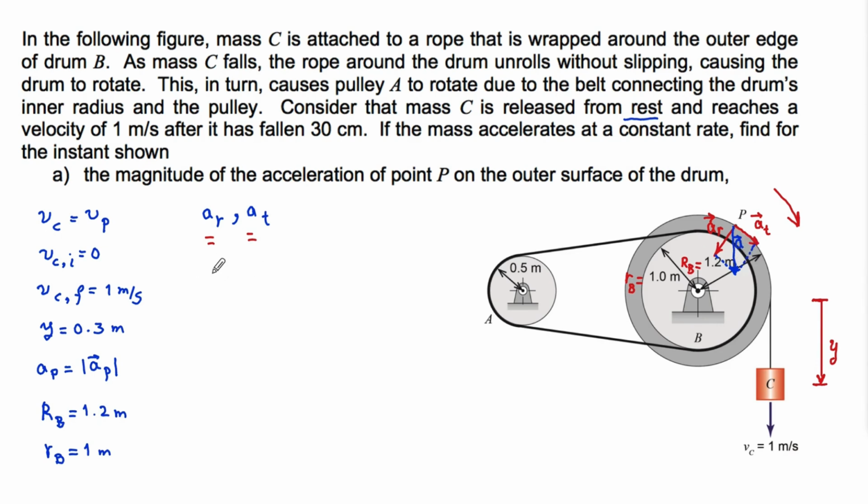So the acceleration vector of point P can be written as AR times e_r, the unit vector in the radial direction, plus AT times e_theta, the unit vector in the tangential direction, and the magnitude of acceleration will be the square root of AR squared plus AT squared.